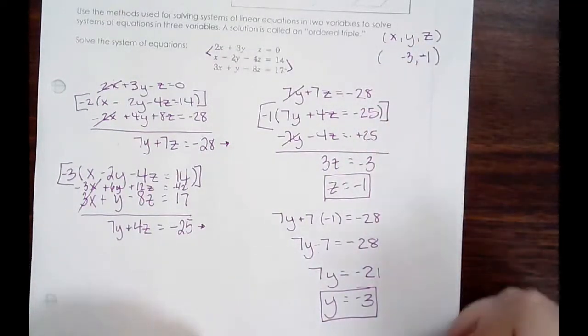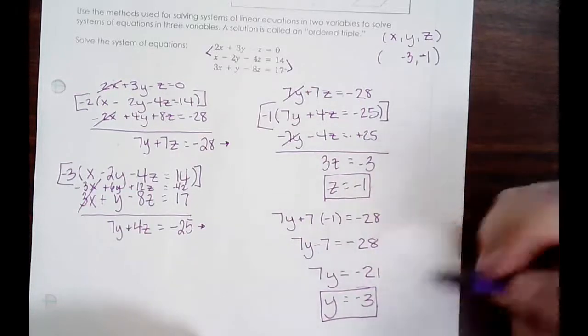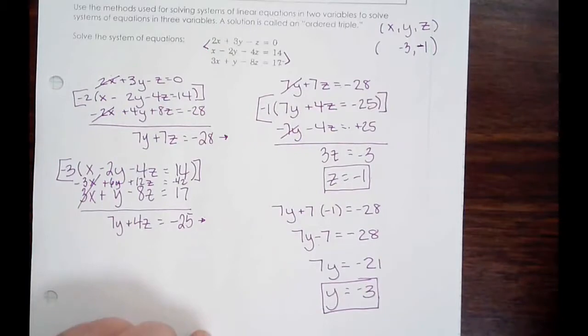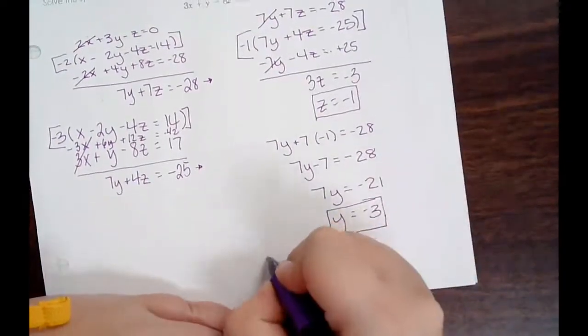And now all I have to do is take these two pieces and plug them back in up here to my 3-variable equation. So I have 2x.